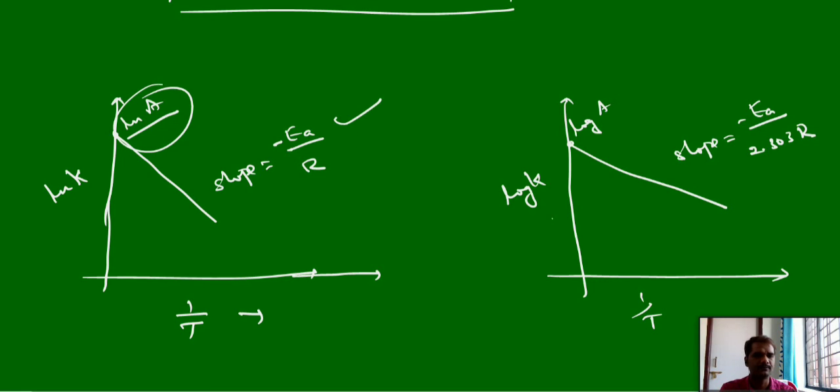Is it log or ln? This is very important. And when you draw a graph of log K versus 1 by T, what is the slope and what is the intercept? The intercept here is log A and the intercept there is ln A. And in the first case, the slope is minus Ea by R only, but in the second case the slope is minus Ea by 2.303 R. And this is also very important.